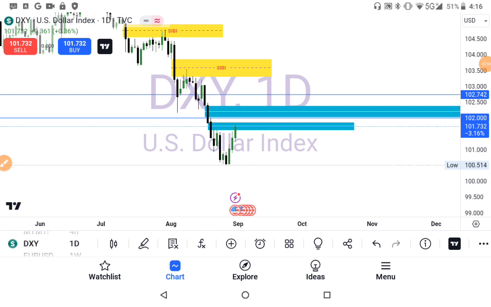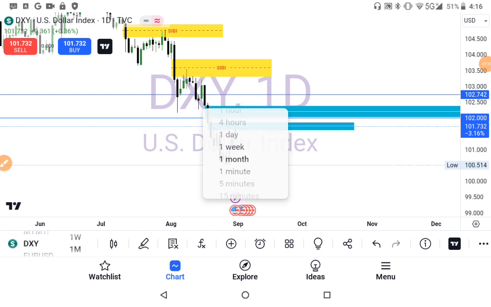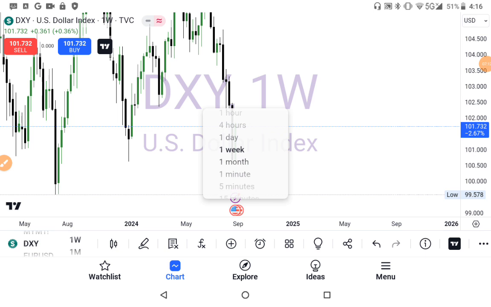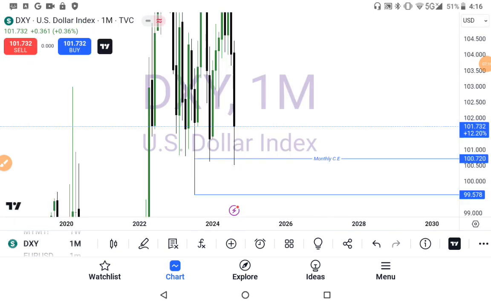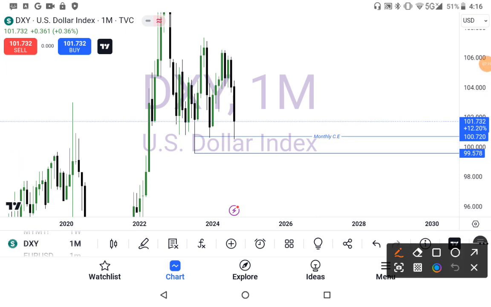Then I will no more have interest in this low, 99.578. So until then, I'm sticking to my short-term movements, which will be 102 big figure to 102.742.